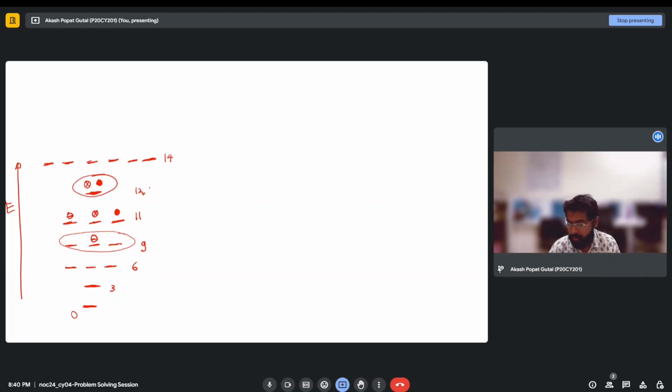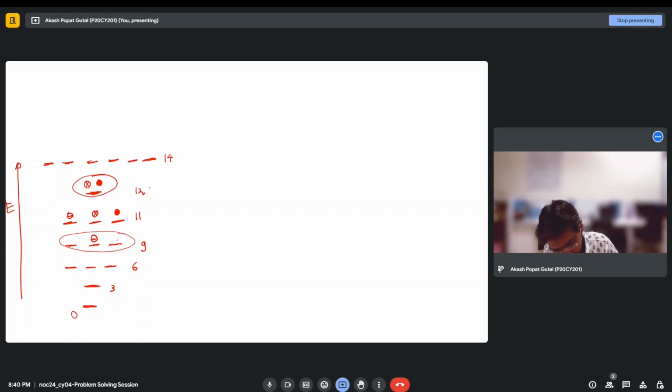So the total number of combinations we can get is only three. Even if we interchange the two at the same energy level, there will not be any difference because they are at the same energy level. If you have degeneracy, then that would be a different aspect. So we have only three.